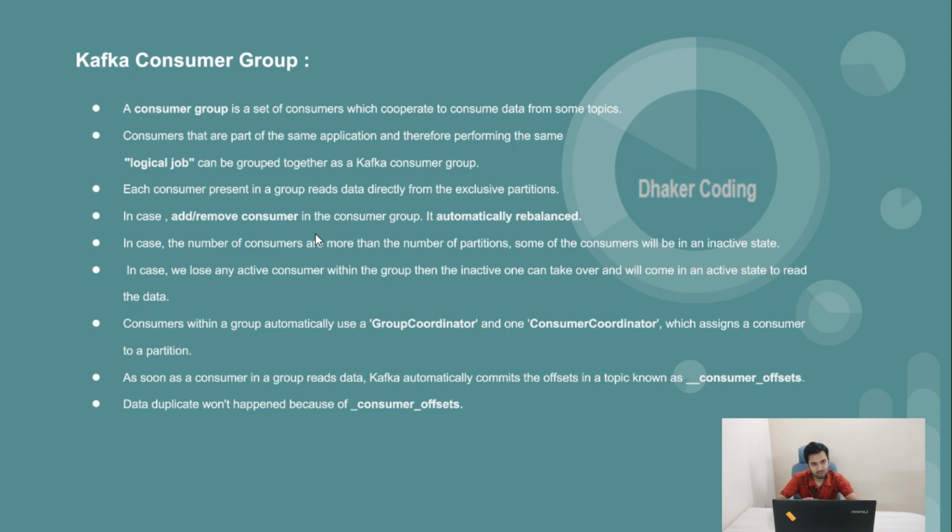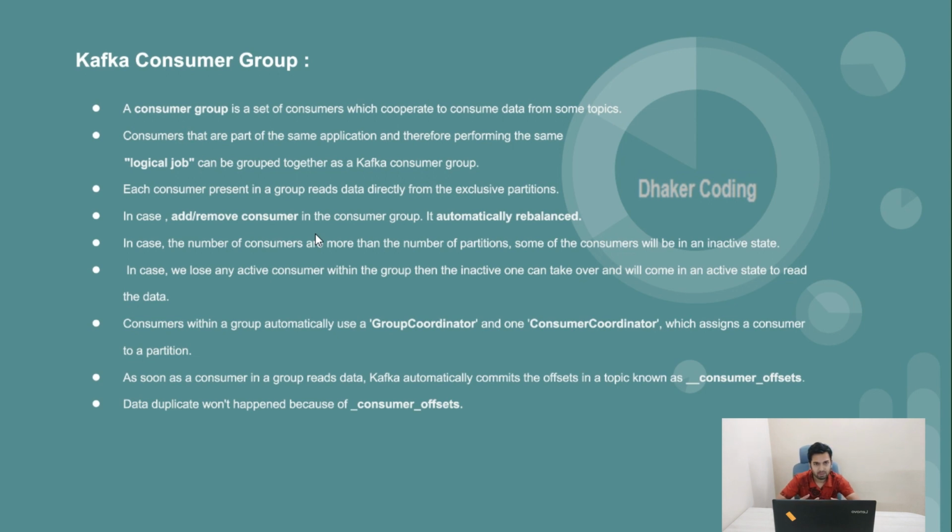If we add a new consumer to or remove one from the consumer group, it is automatically rebalanced. So if we have some partitions in our topic and add a new consumer, it will automatically be assigned particular partitions from that topic.